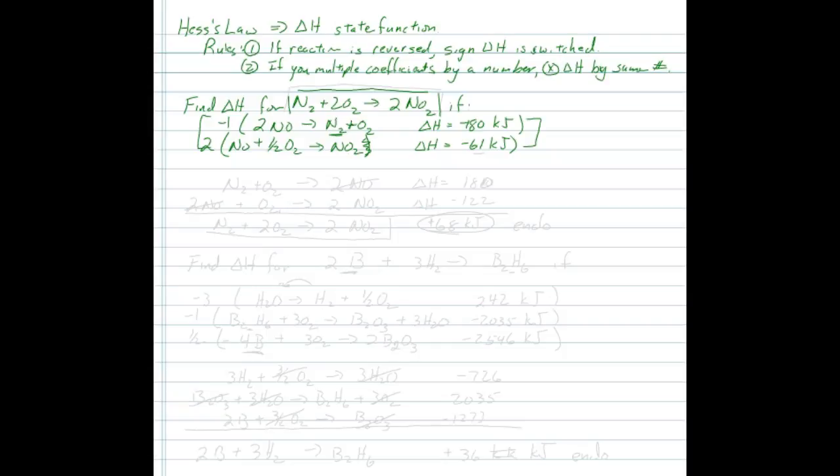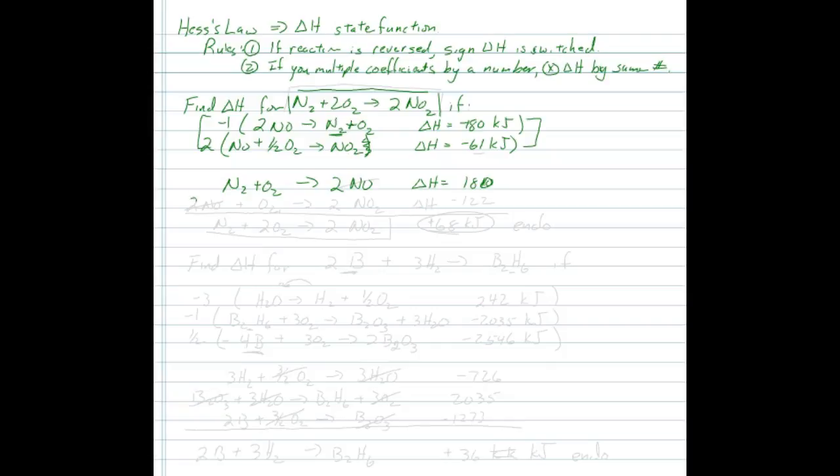So you get N2 plus O2 yields 2NO, and the delta H is positive 180. You don't really multiply these by negatives, but flip the sides. But this one you actually do change the sign.